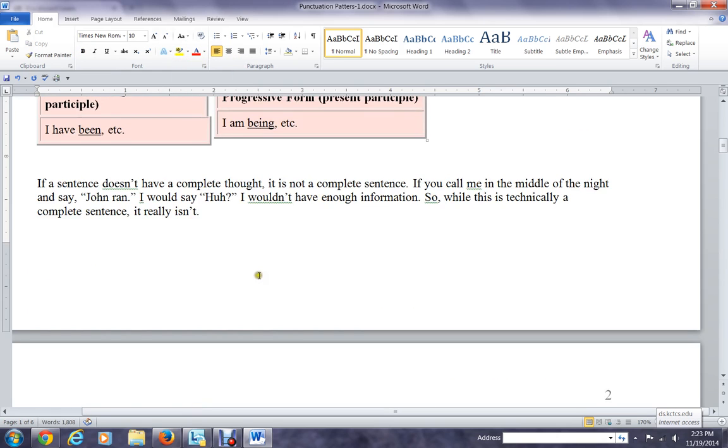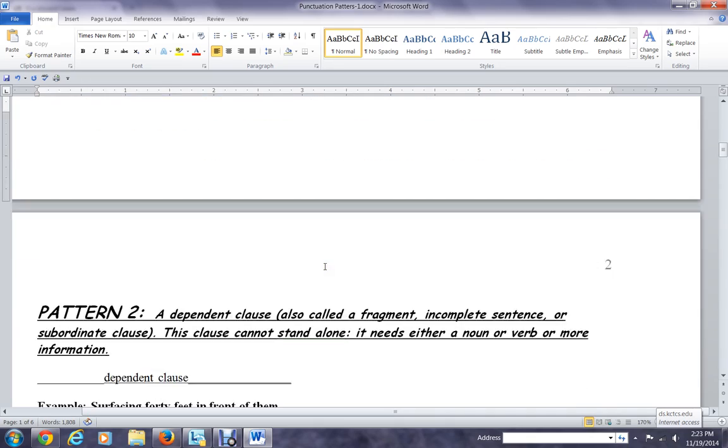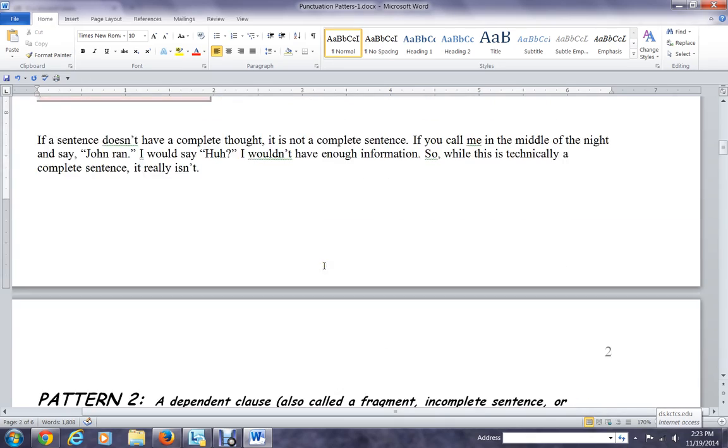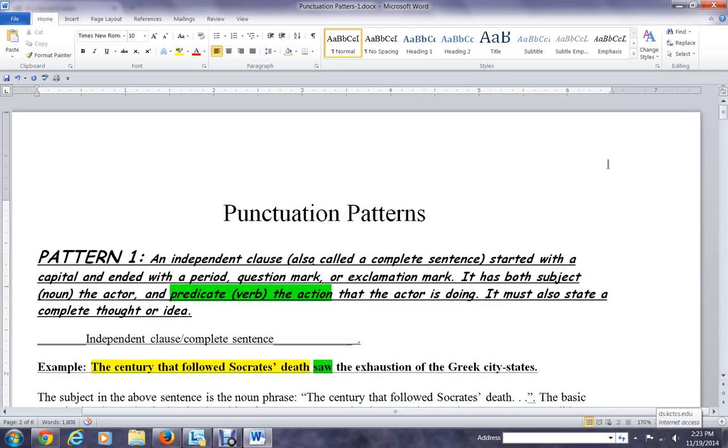Now, if a sentence doesn't have a complete thought, it isn't a complete sentence. So if you call me in the middle of the night and say, "John ran," I wouldn't have enough information. It's technically a complete sentence, but really it isn't. So the first page in punctuation patterns shows you how to make a complete sentence and not have fragments.